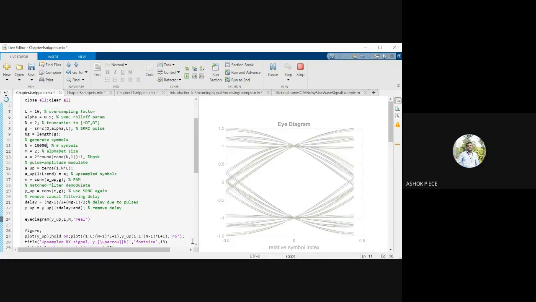It will take some time for compiling because I'm having 10,000 symbols. Let's be patient with that. You will get a dark eye diagram, and the eye opening remains the same because the channel is not affected by noise. That's the beauty of the raised cosine pulse. If you use a raised cosine pulse, you will be less affected by noise. Maybe I'm going to stop it because it is taking a longer time.